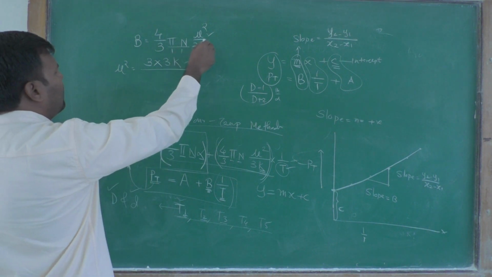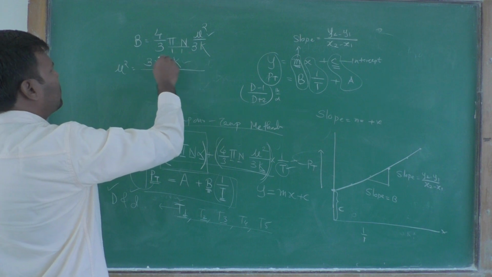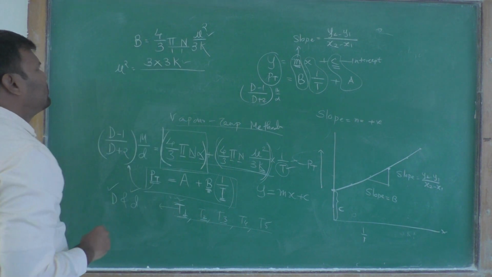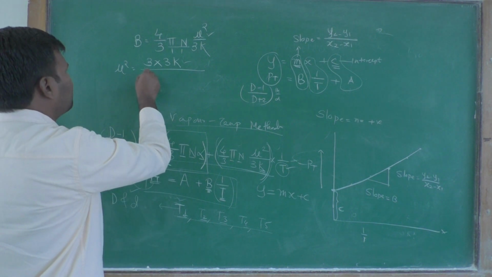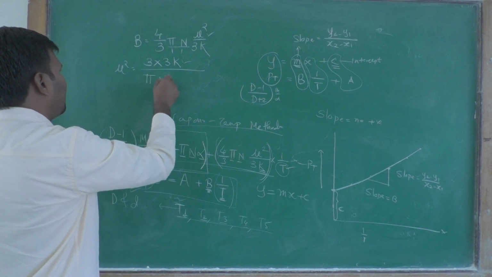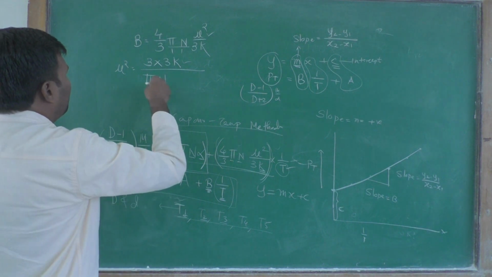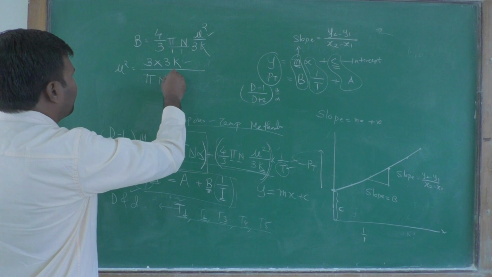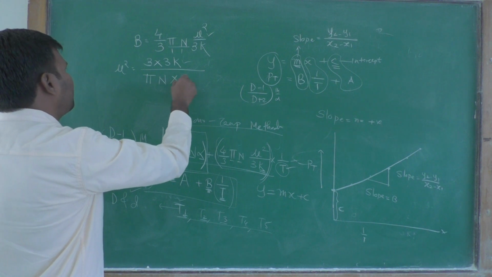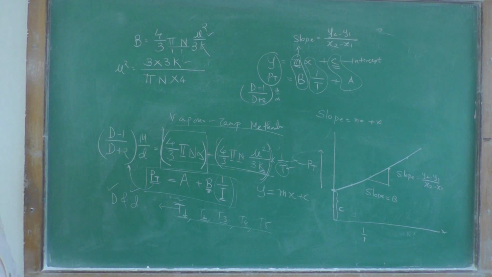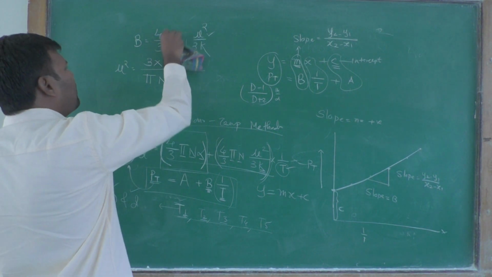Then at the bottom there should be mu square at one side. At the bottom there will be the pi and the n, correct? And 3 into 4. At the bottom there is a 4. That 4 will come at the bottom, you can simply write pi n.